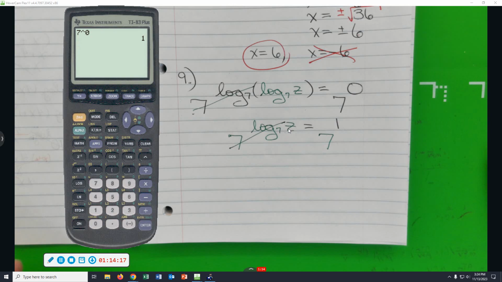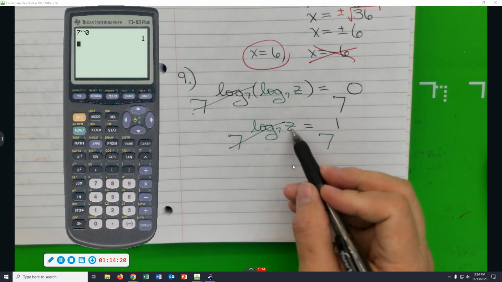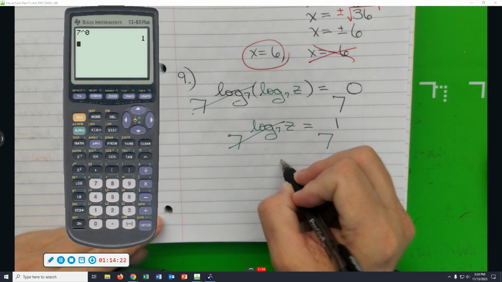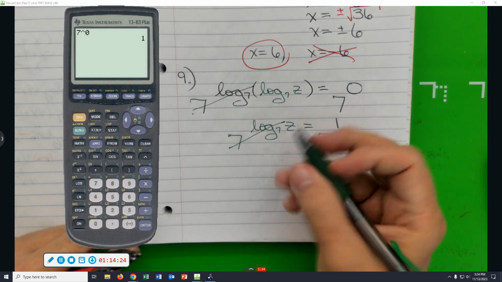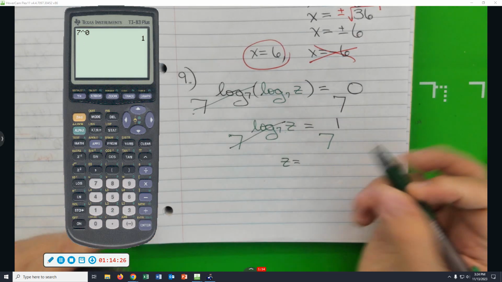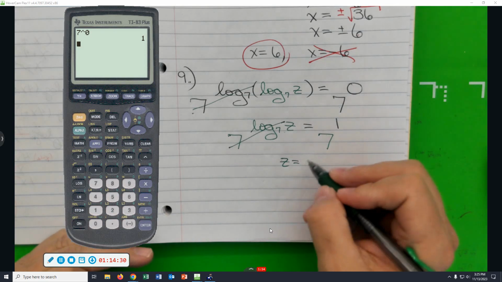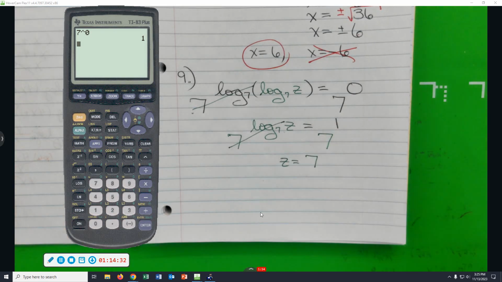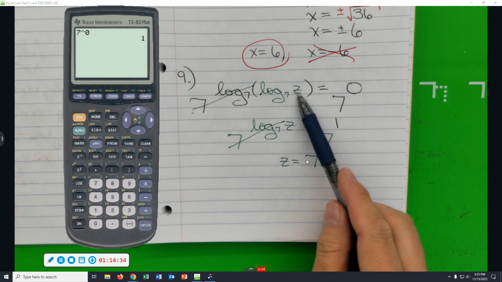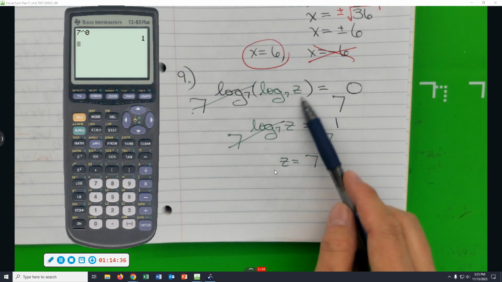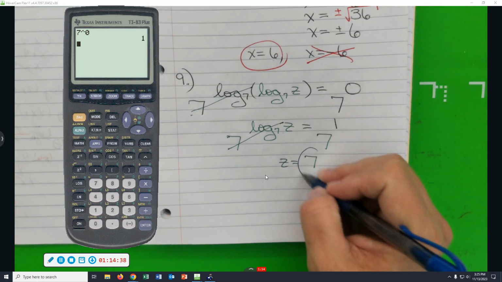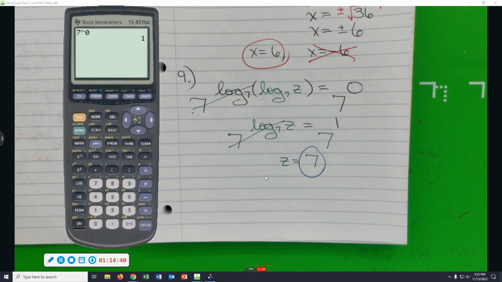What have we got on the left-hand side? We just have a z equals 7 to the first power is 7. And notice that 7, if you plug it in there, that argument is positive. So 7's an acceptable answer.